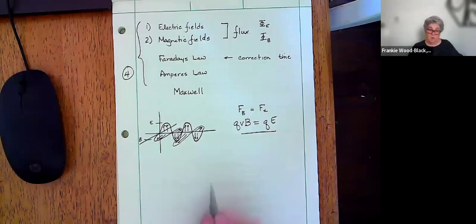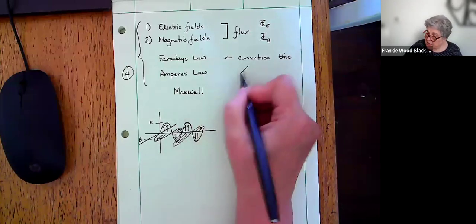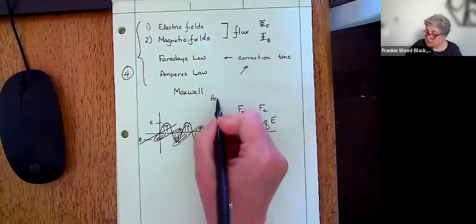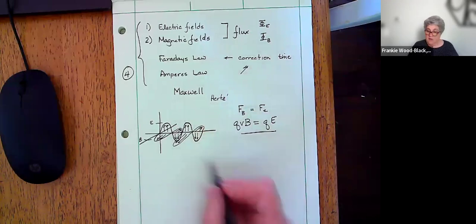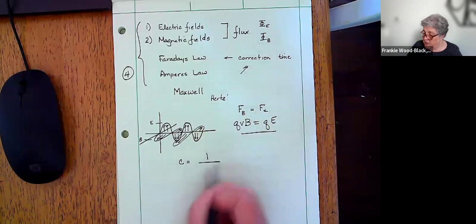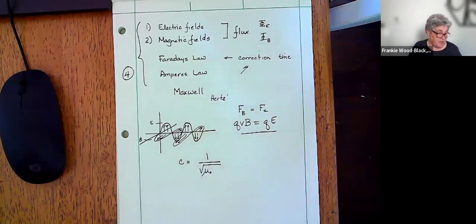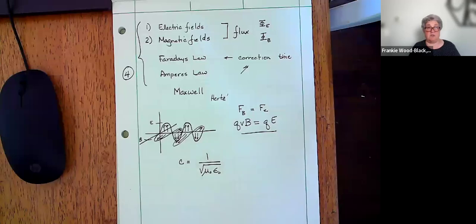So what happened was Maxwell gives us a correction. Hertz starts dealing with antennas, and they show that the speed of light is equal to 1 over the square root of my permeability of free space for magnetism and my permittivity of free space for electric.